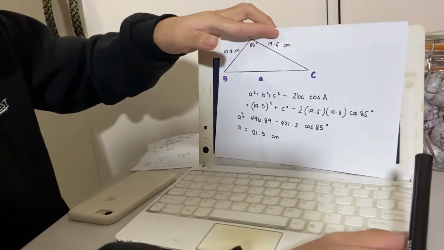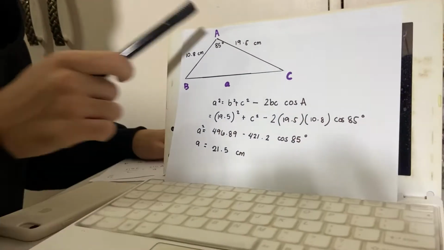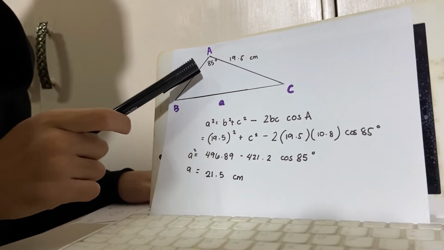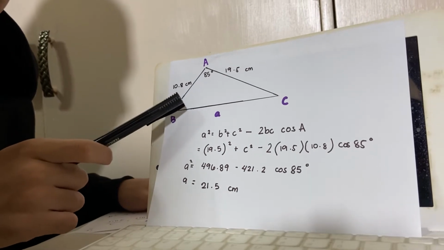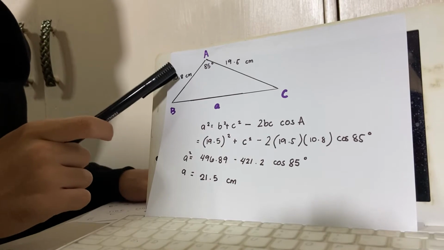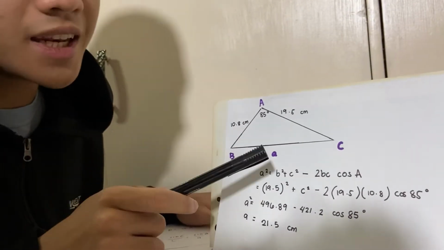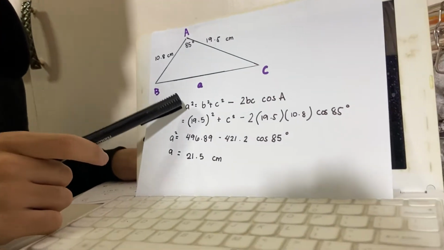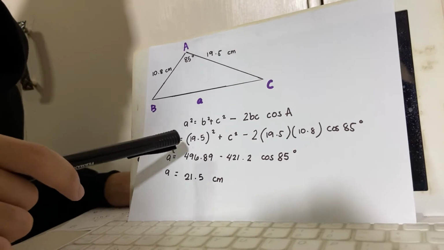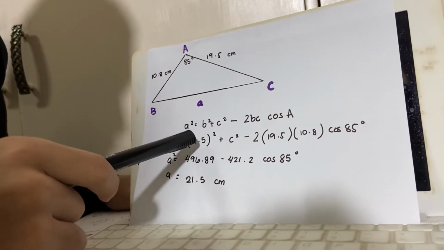For example, we're given this triangle ABC, given the measure of the angle A, that's 85, and the side opposite B, 19.5, side opposite C, 10.8. We'll be finding A. So we're going to use A squared equals B squared plus C squared minus 2BC times cosine A. Just substitute what was given.